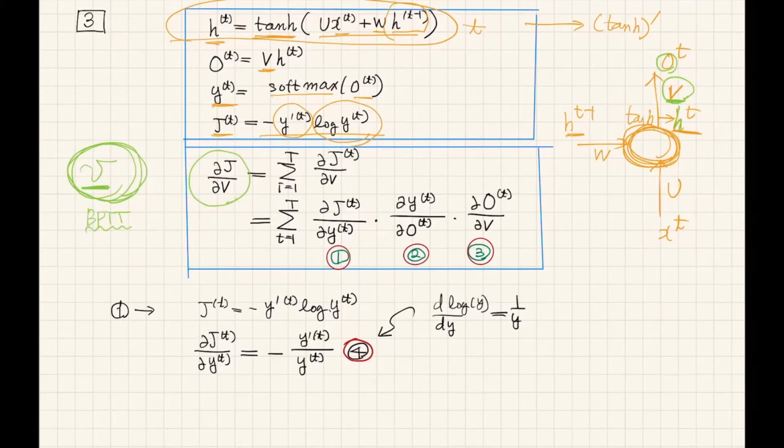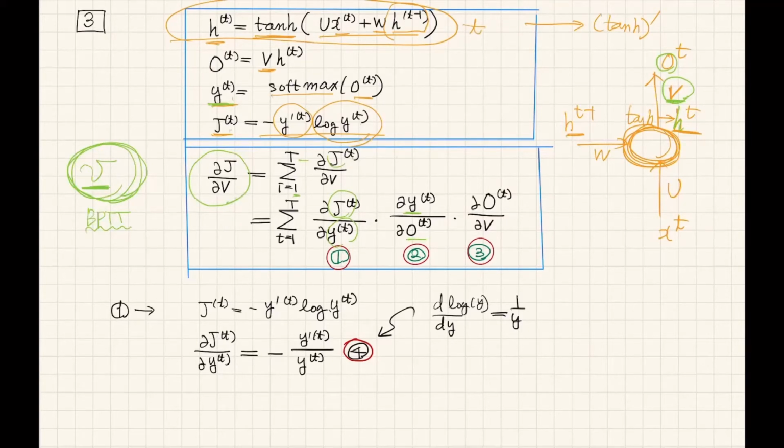Once again, you remember that the cost function is the summation of the cost function J_t from 1 to T. Because J is described by y_t, the cost function is a function of y_t, and y_t, the output function, is a function of O_t.